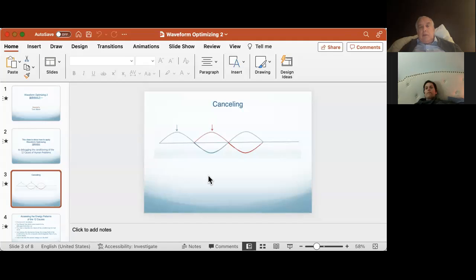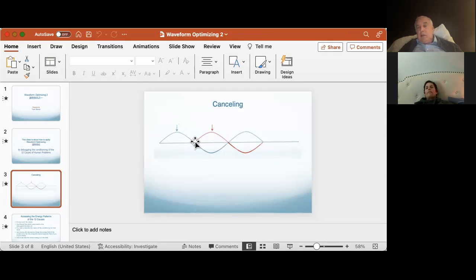Can you see that? Yeah. It's canceling here, right? Okay. So if you notice this blue arrow, it's pointing at this wave that goes up and then it comes back down and it comes back to the flat line, right? And if you notice the red line is exactly the same shape as the blue line, but it's shifted over halfway so that the start of the wave is in the middle of the other wave.